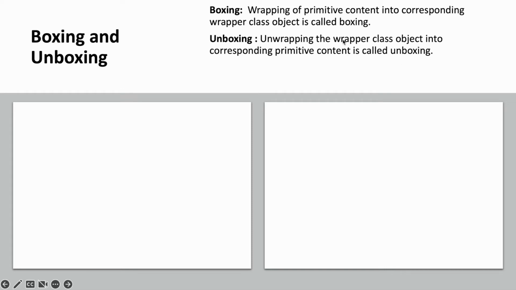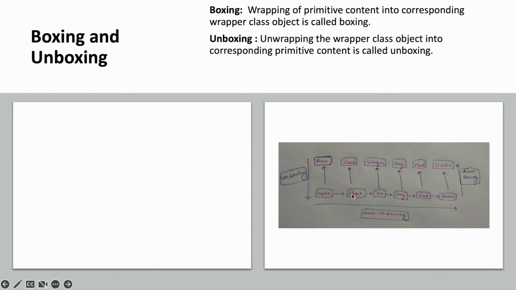We have byte, short, int, long, float, double as primitive types, and we are converting these primitive types into the corresponding wrapper classes Byte, Short, Integer, Long, Float, Double. This process is known as autoboxing. The process of converting wrapper class objects into the corresponding primitive type is called unboxing.